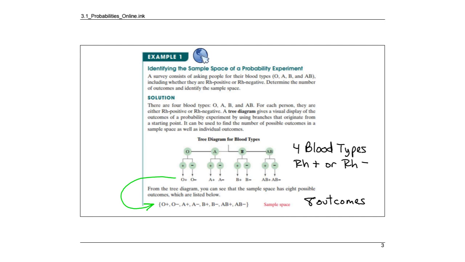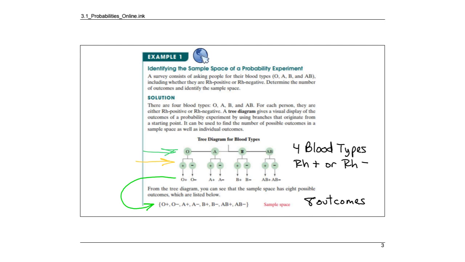So what we're going to do first is lay out what we call a tree diagram. First they're going to tell us what blood type they are, so O, A, B, or AB. Then second, they're going to tell us if they're Rh positive or Rh negative. So we have O positive, O negative, A positive, A negative, and so on.